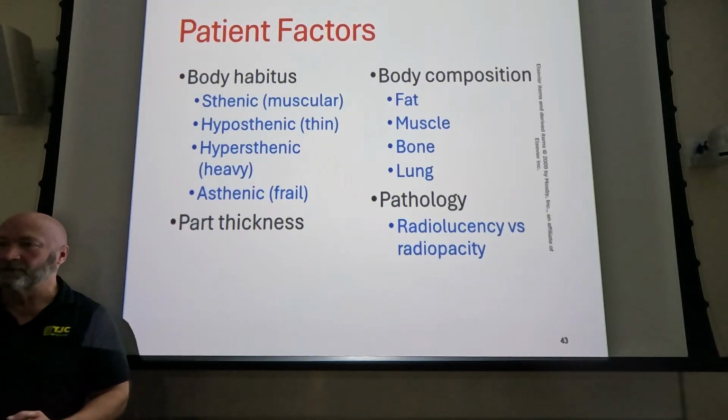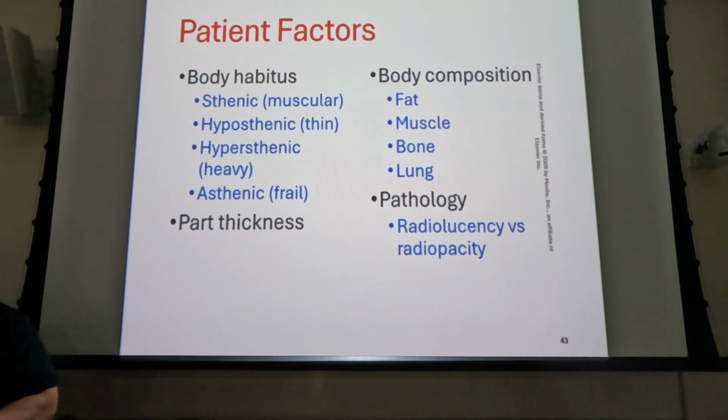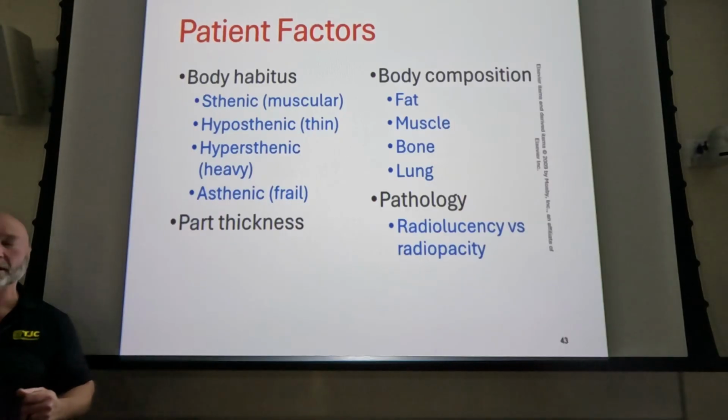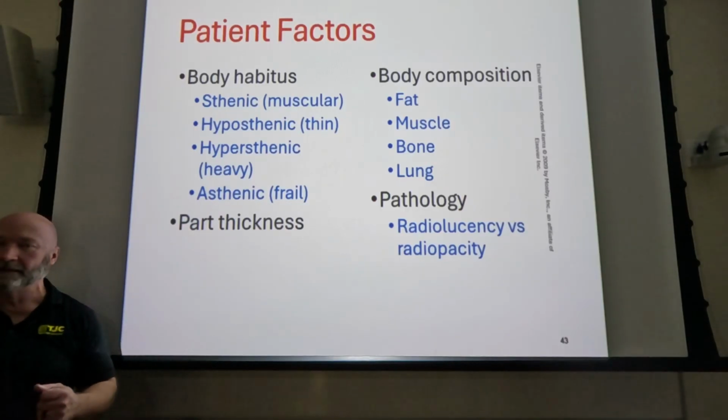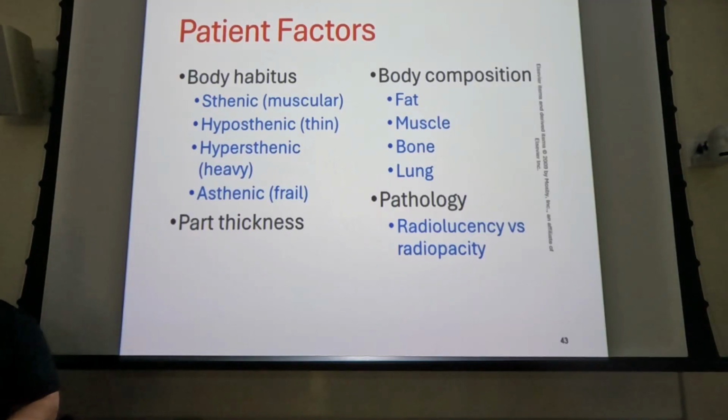It's water, right? So what technical factor is going to penetrate more of that scatter radiation, KVP or mass? Percentage-wise, KVP, right? So what technical factor do you not want to use if you've added a pathology that would give you more scatter? You don't want to increase your KVP, you want to increase your mass.